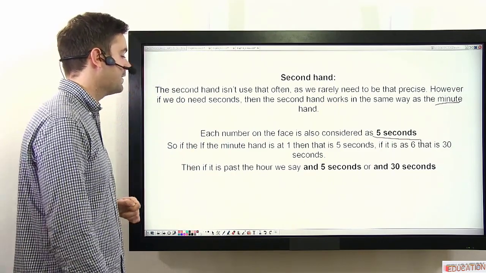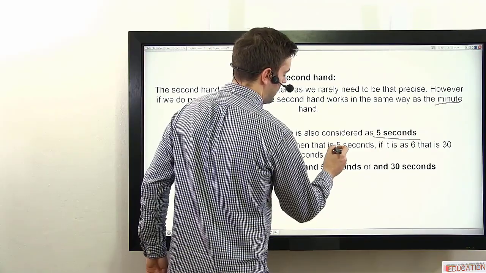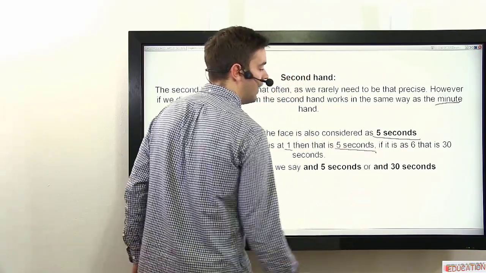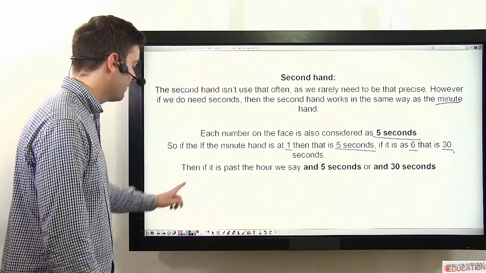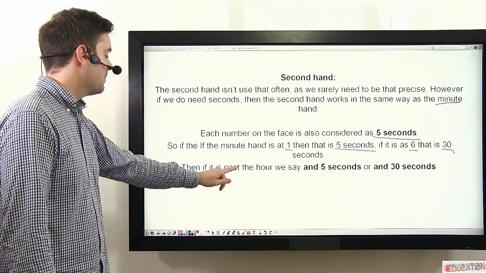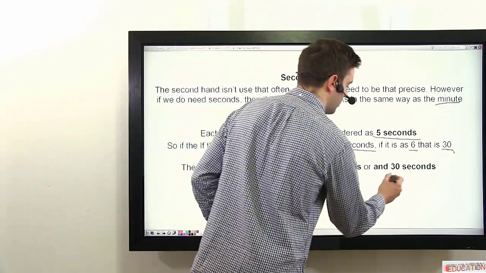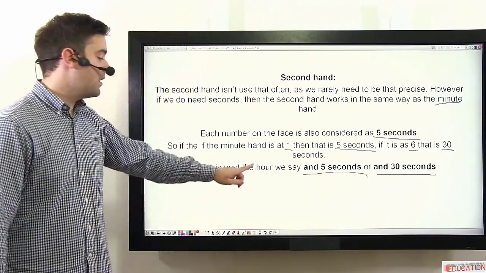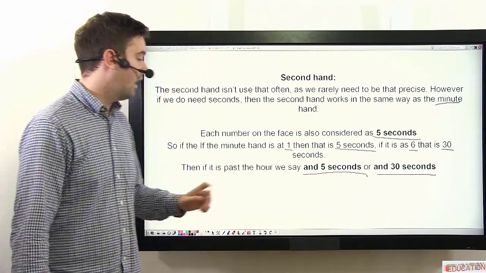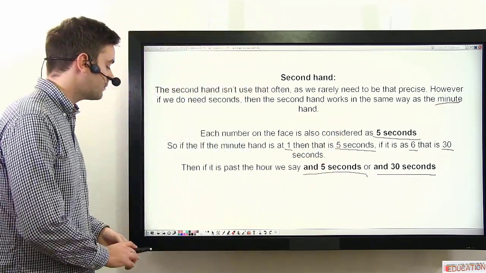So, if the second hand is at 1, then that is 5 seconds. If it's at 6, then it's 30 seconds. If it is past the hour, we say "and 5 seconds" and "30 seconds".